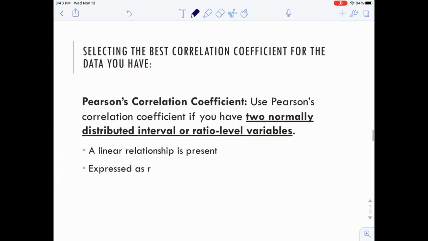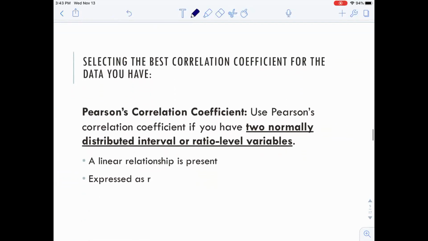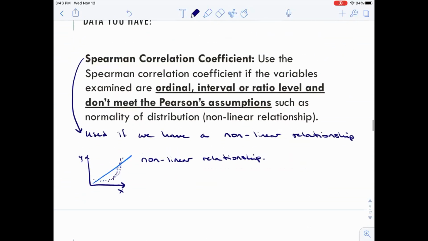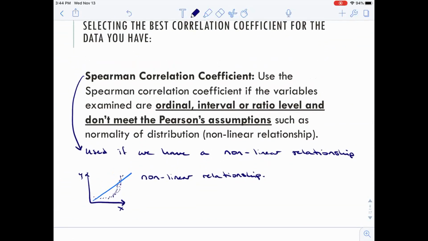But regardless, if we're looking at what level of measurement we need, we have interval or ratio level for the Pearson's correlation coefficient, and the Spearman can handle ordinal as well, so a categorical variable, but then the other variable has to be either interval or ratio.